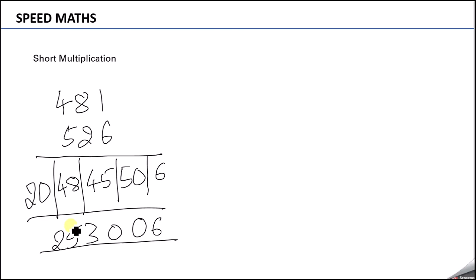I'm sure if you go for the long multiplication method, you won't be able to get this answer so fast. So let's look at the steps over here. Say you have ABC into XYZ.